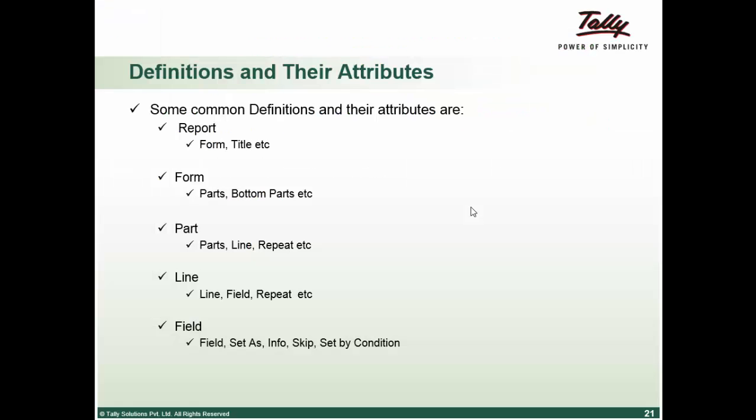So these are some commonly used definitions we have seen, such as we'll see it for skip and set by condition also. Form is having parts and bottom parts, parts of lines, repeats, lines having line field repeat. So as and when we come across the other sessions, we will be using these attributes, right?